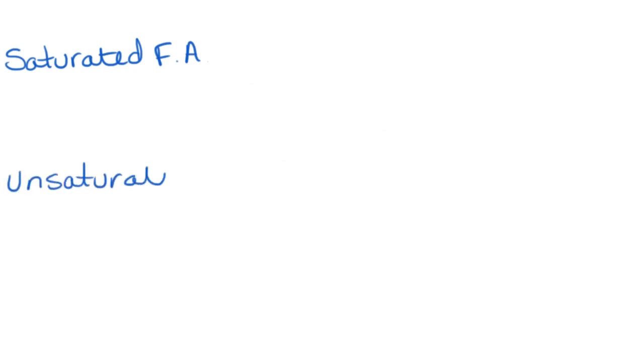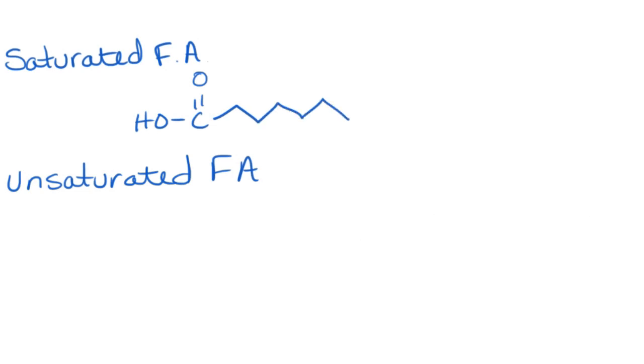Now we can take the fatty acids and we can break them into 2 groups. We have ones that we call saturated, and we can have unsaturated fatty acids. The one that I'm going to draw first is a saturated one, and this time I am going to use the skeletal formula. So I'll draw my carboxyl group here on the end, but then we're just going to have a whole bunch of carbons here in a row.